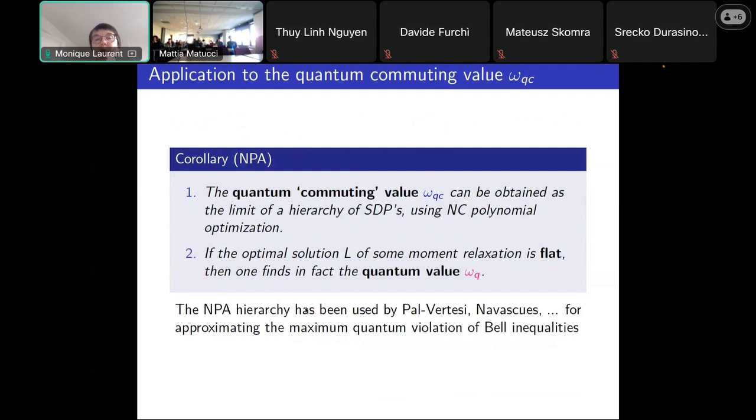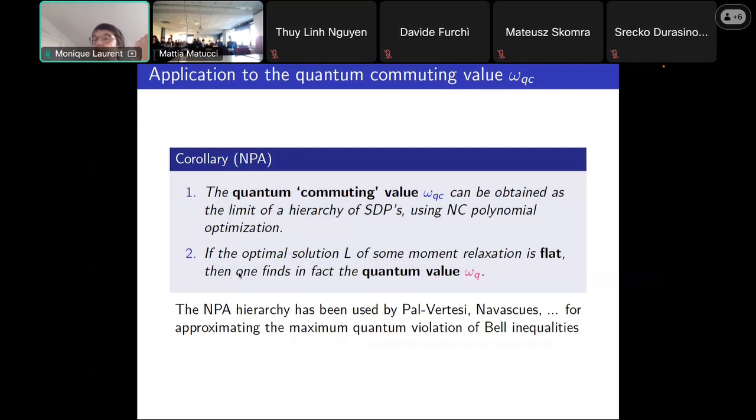So to summarize, the quantum commuting value, as I have explained, is formulated as an instance of non-commutative polynomial optimization, and hence it can be obtained as a limit of a hierarchy of SDPs. And if the optimal solution of a given moment relaxation is flat, then the relaxation is exact. It gives a true minimum, and one can extract a solution.